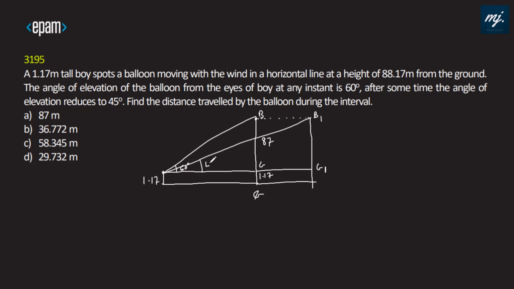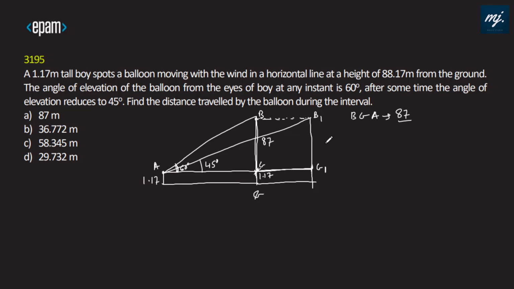Now the angle changes to 45 degree. Find the distance traveled by the balloon during this interval. We are looking out for this distance or GG1. Now we look at triangle BGA, let it be A. This angle is 60 degree and we know that BG is 87.